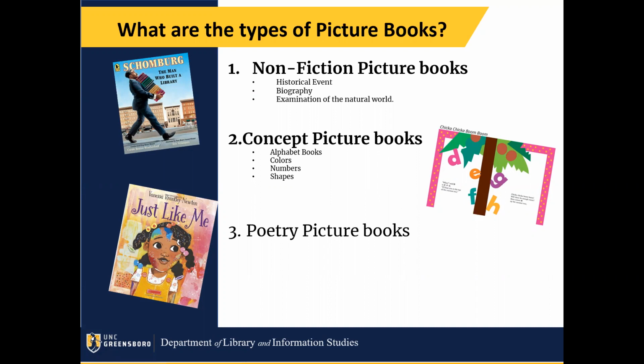But they can also be a collection of poems by a single author on a single theme, a collection of poems by that single author on an unidentified theme, or a collection of poems by several authors. And we're going to define that in much more detail in a few weeks. Just Like Me is a great example of one of these books. You can see a different poem on each page.